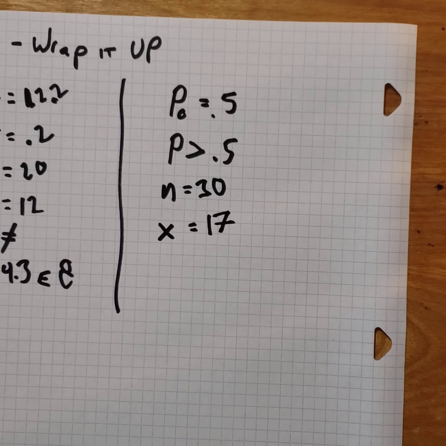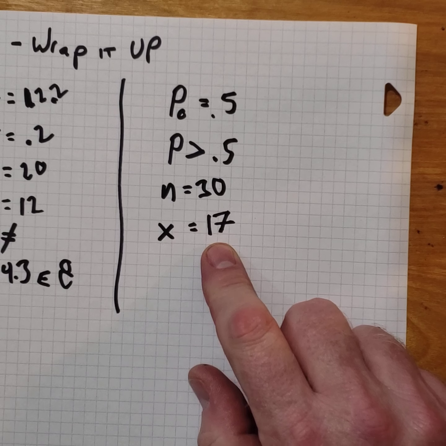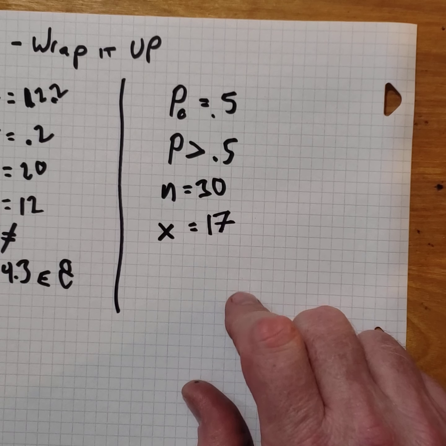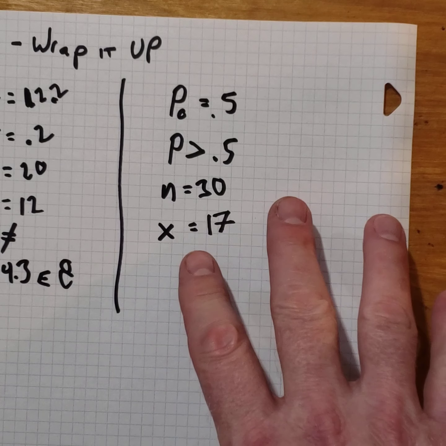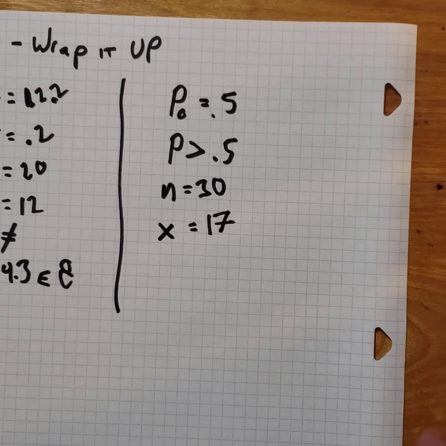So fairly small sample, but a little bit more than half, right? Half would be 15 out of 30 instead of 17 out of 30. So you're going to use one prop z-test here. Go ahead and put those numbers in and see what you get. Pause me.